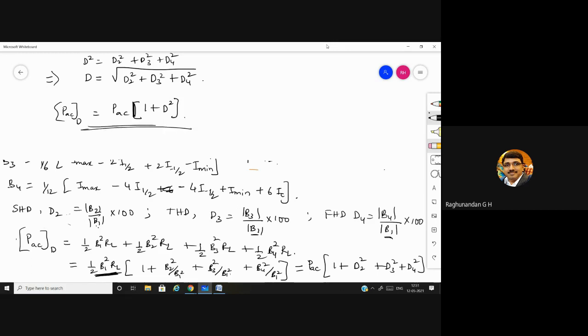So if they're asking you the total harmonic distortion considering 4 harmonics or 5 harmonics, you have to take D2, D3, D4, D5, calculate them, sum them up, take the root of that and substitute here, or you can just substitute the value directly, since anyhow we are having the square here.